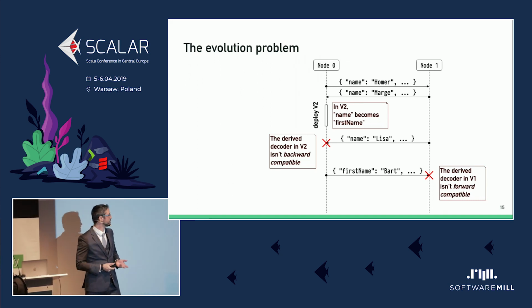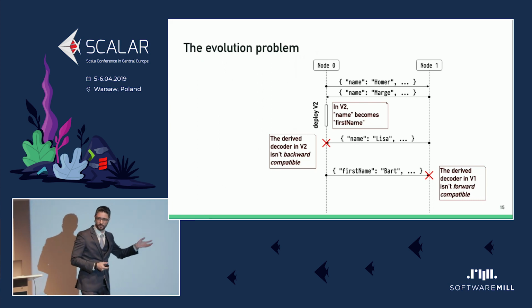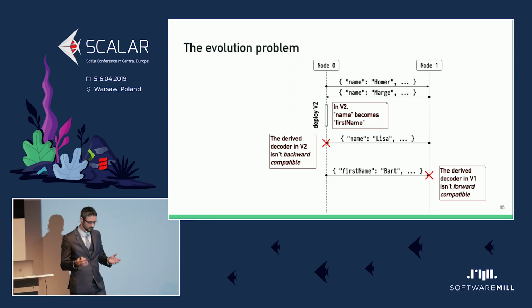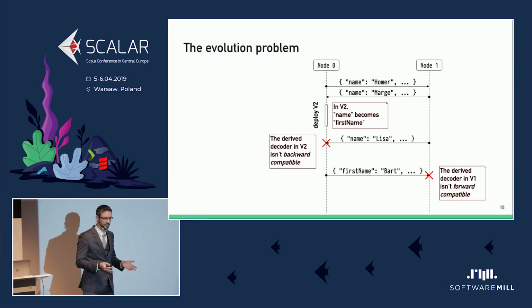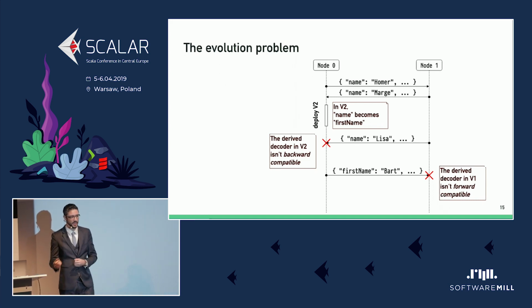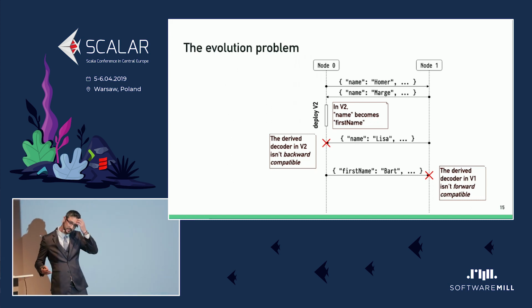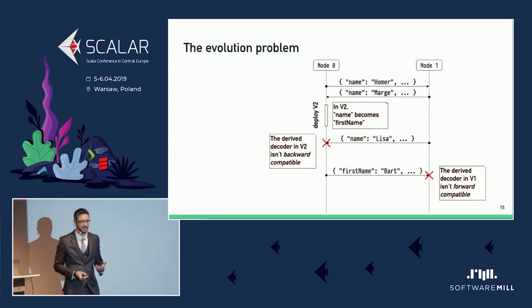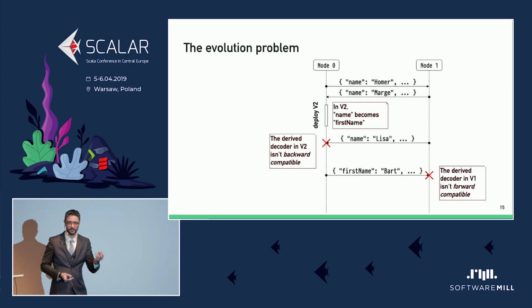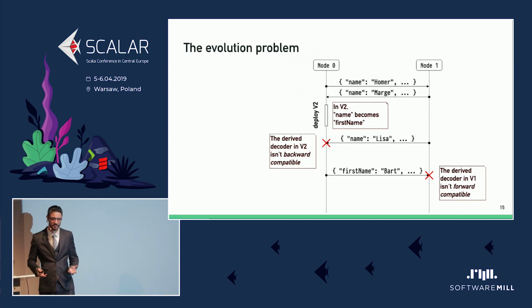So we deploy the new version on node 0, and now, in the code in node 0, the field name doesn't exist anymore. We have a field first name. And since we derived serializers and deserializers from the code, the new deserializer cannot read the messages that hold a field called name anymore. So it breaks. It's a problem of backward compatibility.